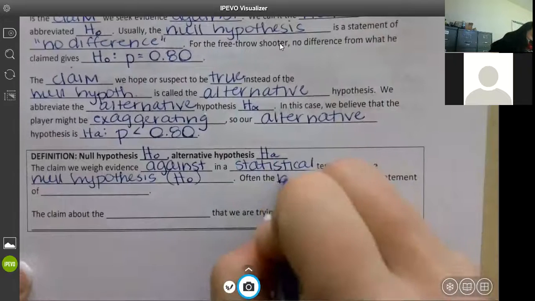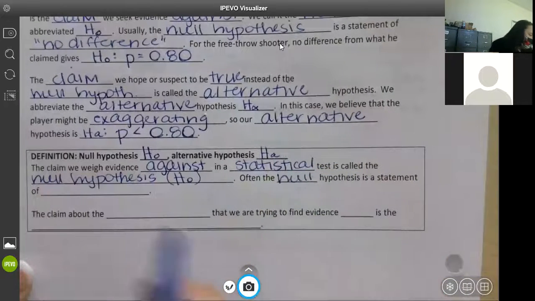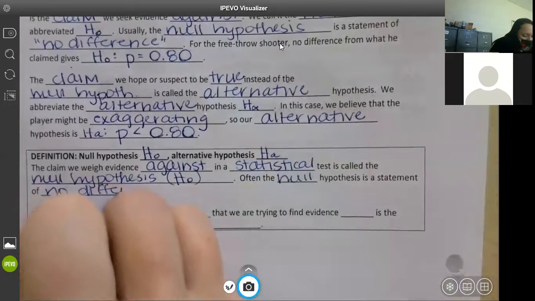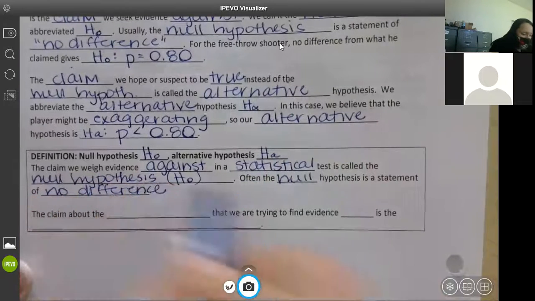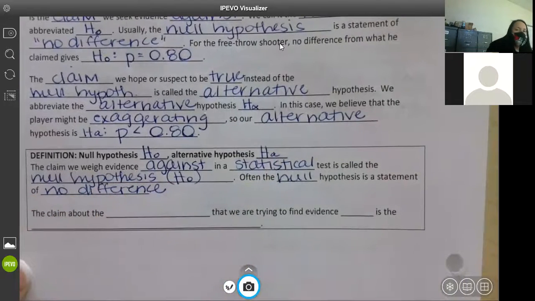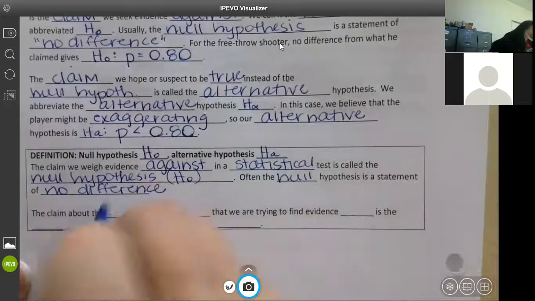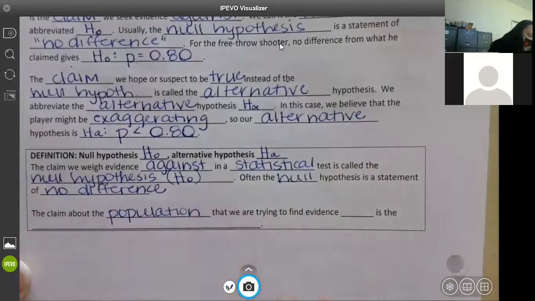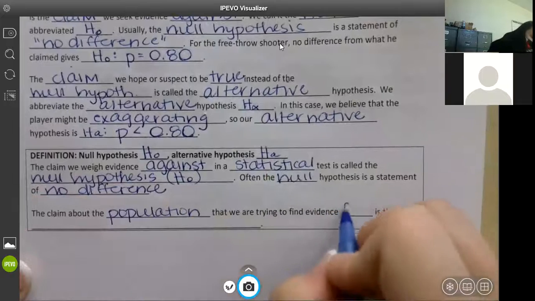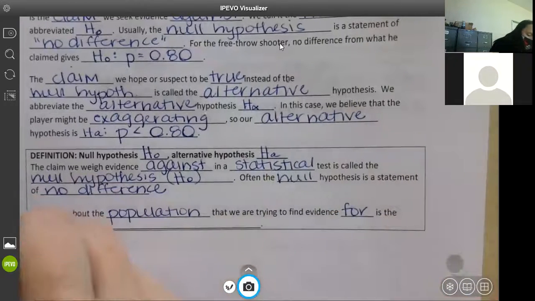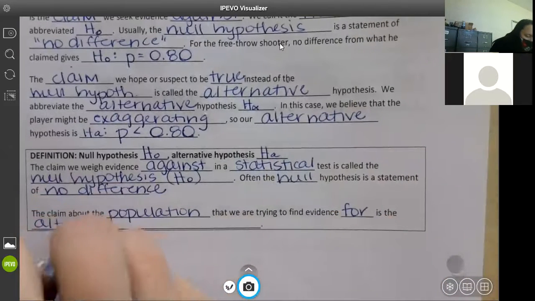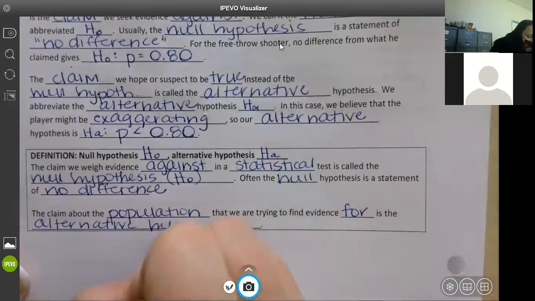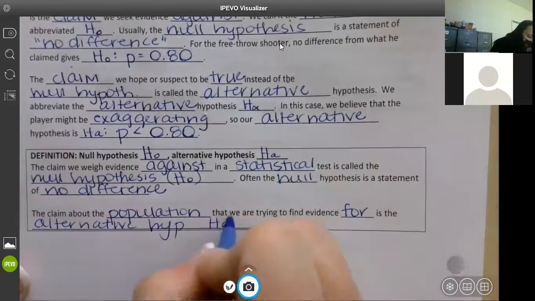Often the null is a statement of no difference. The claim about the population that we are trying to find evidence for is the alternative hypothesis, or H sub A.